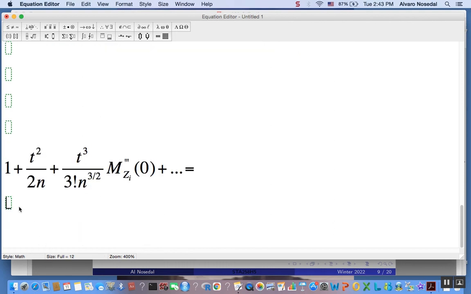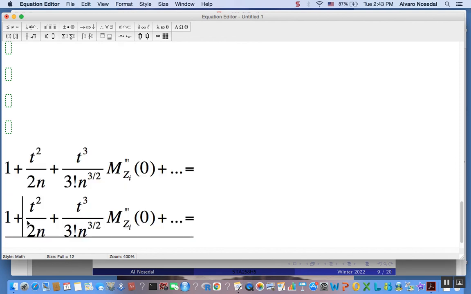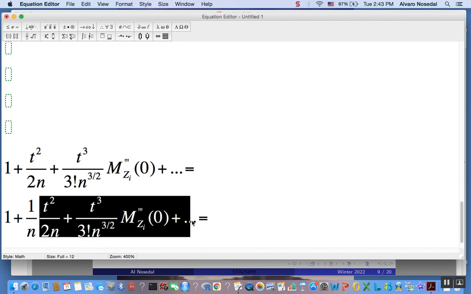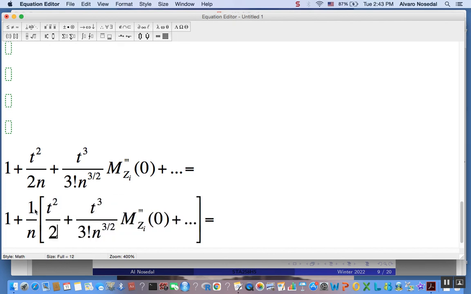Note that we could factor out a 1 over n. Well, I could have something like this. Let me factor out a 1 over n here, 1 over n times this. So that's the same as 1 over n times t squared divided by 2. That's first term. This one would be n to the power 1/2.